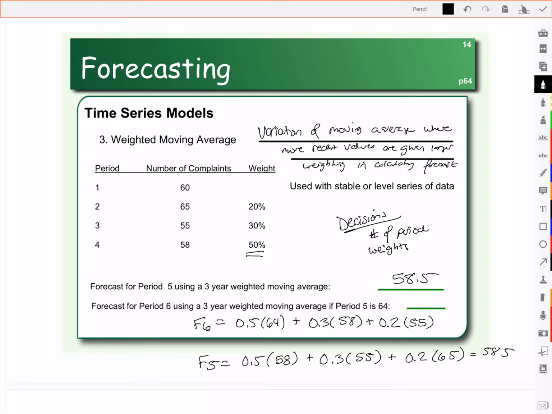So that's 0.5 times 64 plus 0.3 times 58 plus 0.2 times 55, and our forecast there is 60.4. Okay. So the weighted moving average is a little bit more complicated than the moving average, but it has the additional benefit of allowing us to put more emphasis on the more current period of time.